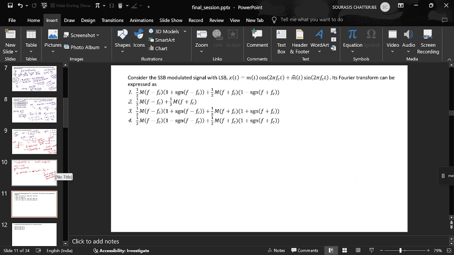So we next have an SSB modulated signal with LSB, where x t is given as follows. What is the Fourier transform going to be?